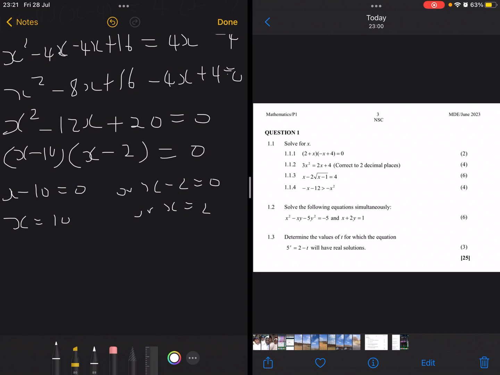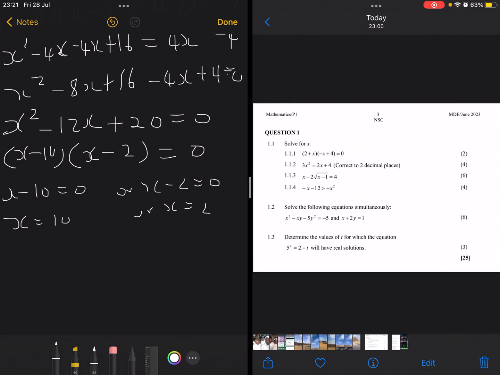Now you are not done when you get to this level. You will then have to take your calculator and try and substitute back into the original equation, which was given in 1.1.3, that x minus 2 root of x minus 1 is equal to 4. Now you want to prove that it is really going to give you an equal to 4.